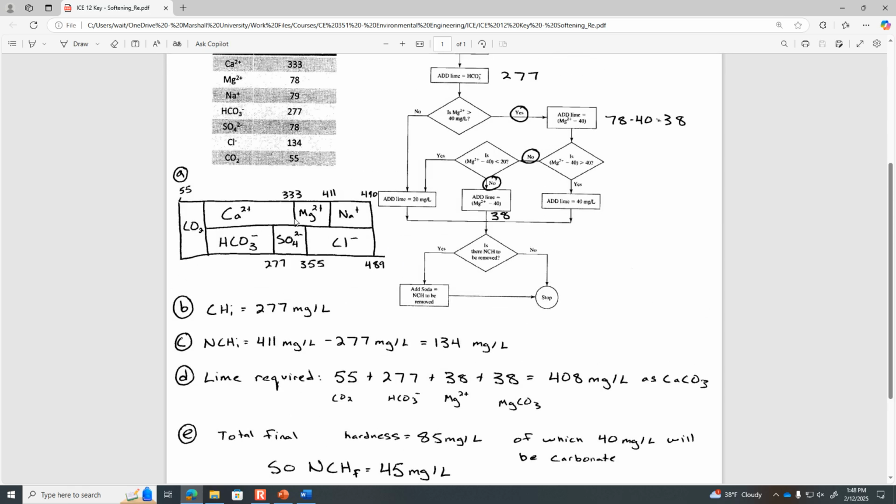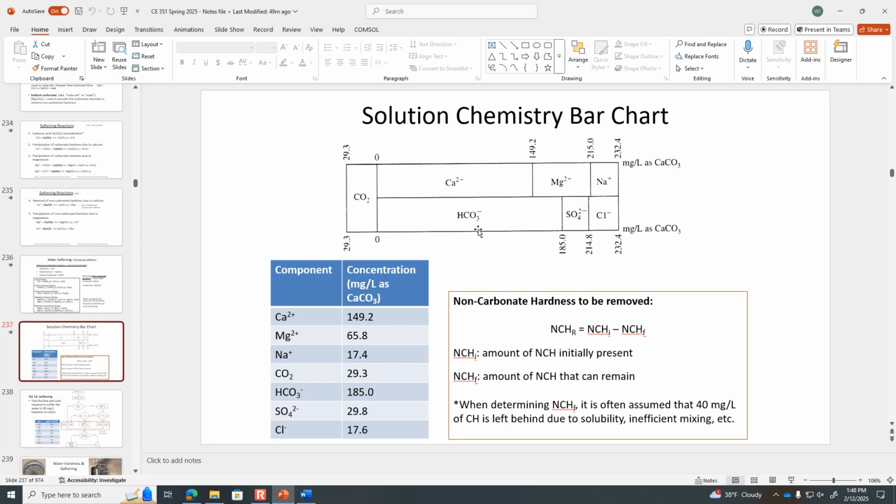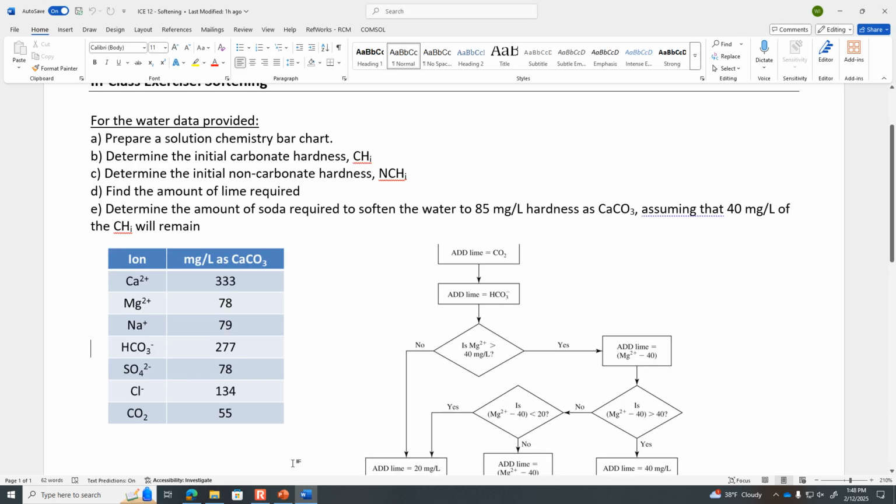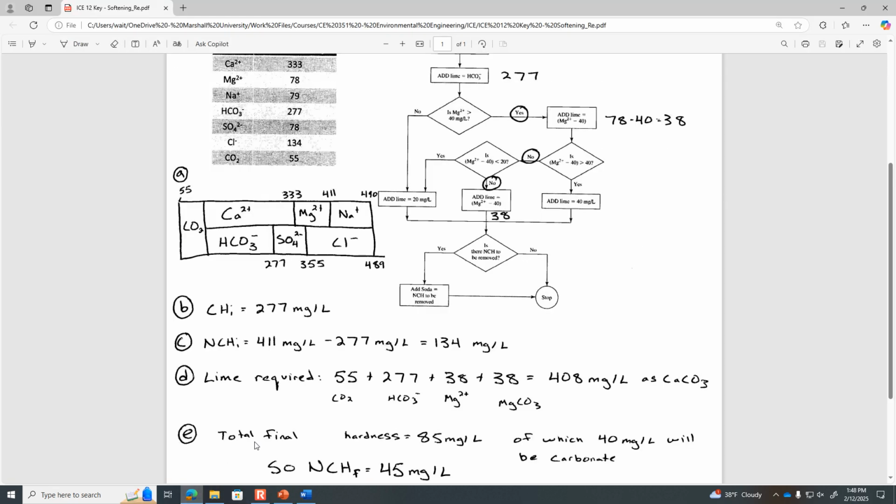Some of the non-carbonate hardness is associated with calcium. In the example that we had here, the carbonate got into the magnesium range, but in this example, the carbonate is only going into a portion of the calcium range, and then the non-carbonate hardness starts even when we've got calcium. So some of the calcium is non-carbonate, and all of the magnesium is non-carbonate.